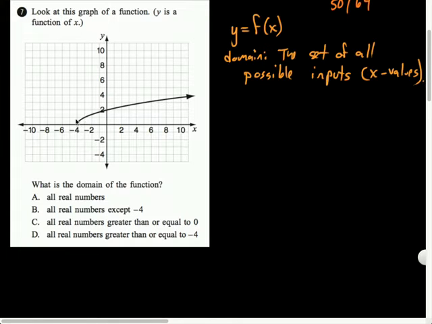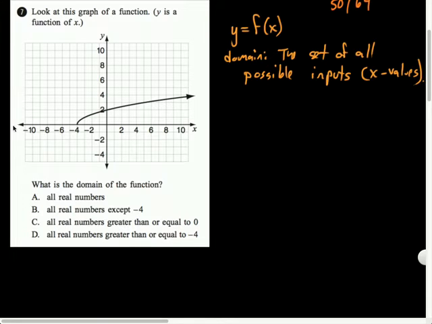So the possible x values, notice if I plug in -6 into this function, I get no output. If I plug in -8, I get no output. If I plug in 0, I get 2. If I plug in 4, I get, looks like 3-ish, right? So the possible x values are referring to the numbers that I can plug in here. So what is the domain of the function?